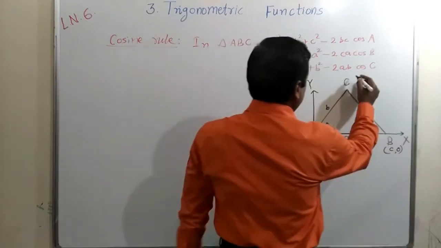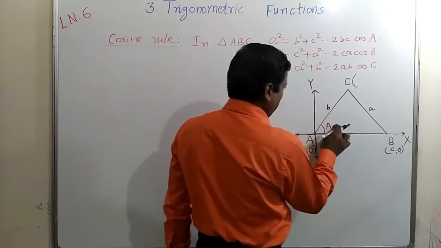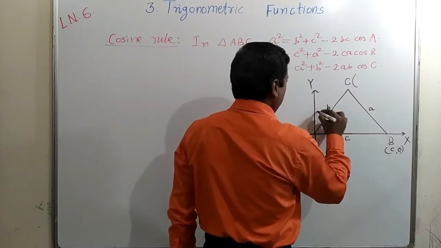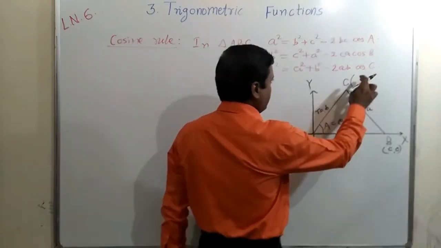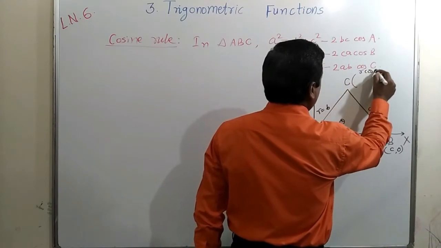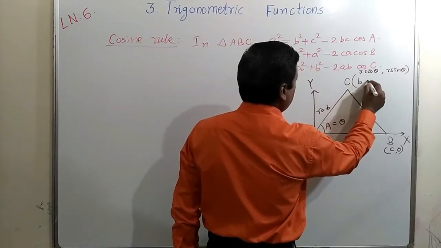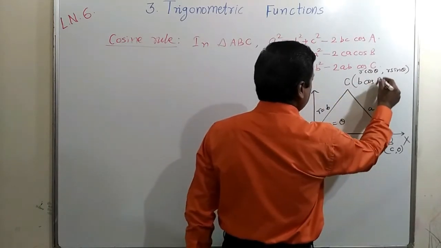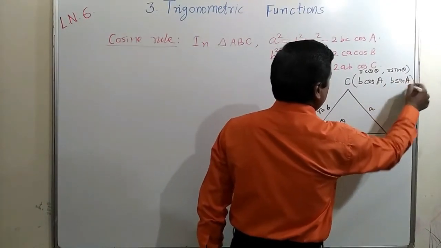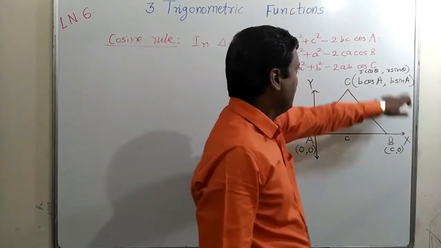So the coordinates of point C, by considering this angle as theta and this distance as r, will be r cos theta, r sin theta. Therefore those coordinates are nothing but b cos A, as theta is our angle A, and the second coordinate is b sin A. So the coordinates of C will be b cos A and b sin A.